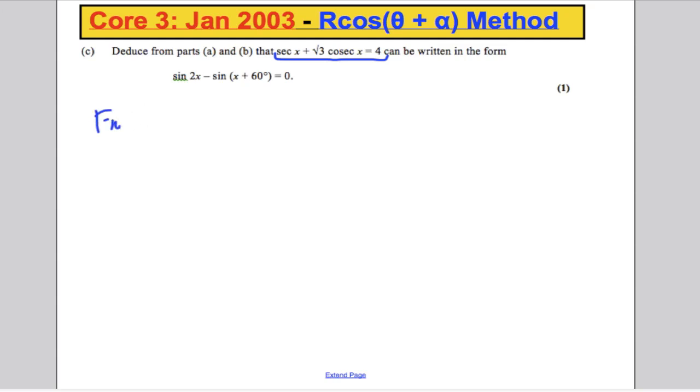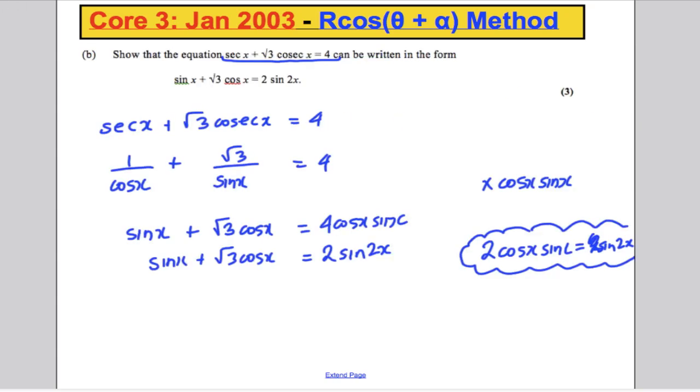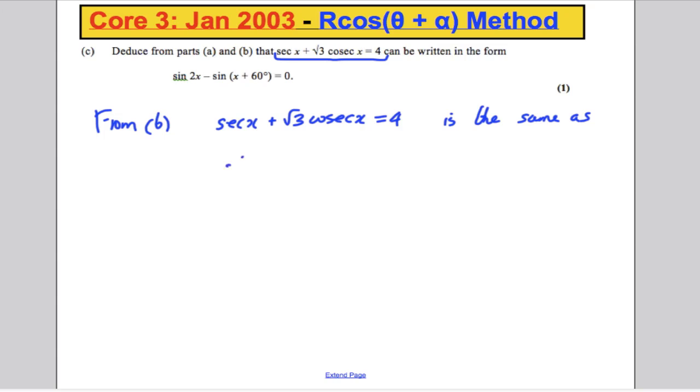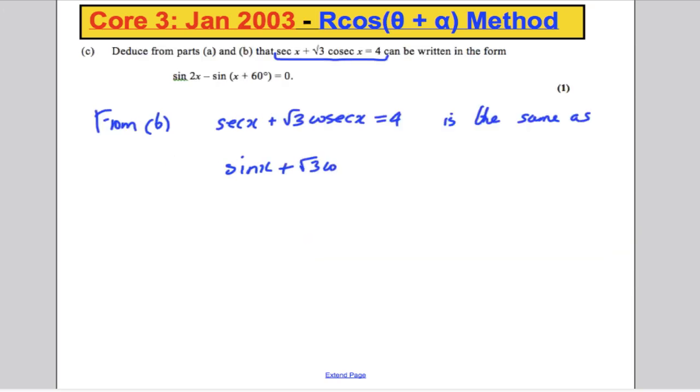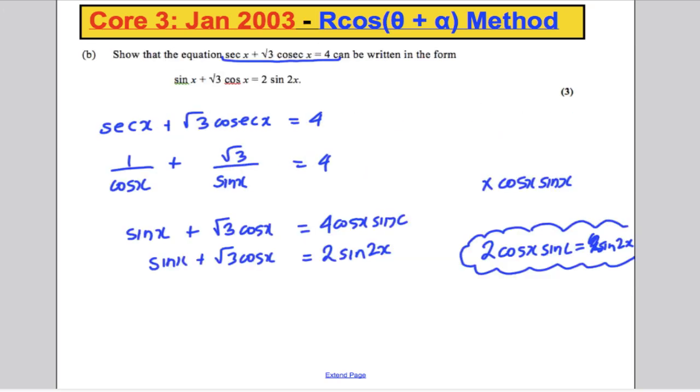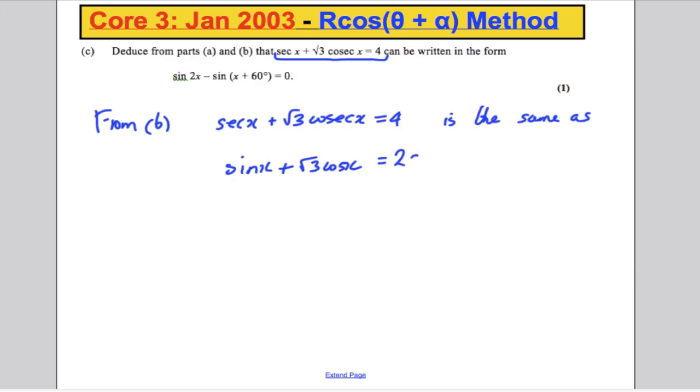So I could say from part B, sec x plus root 3 cosec x equals 4 is the same as sine x plus root 3 cos x is equal to 2 sine 2x.